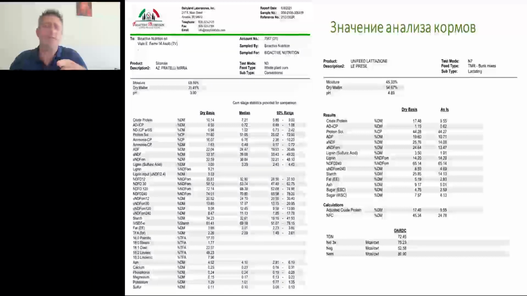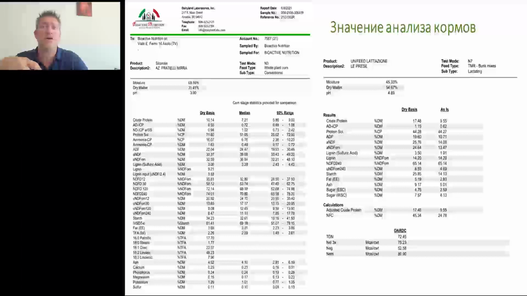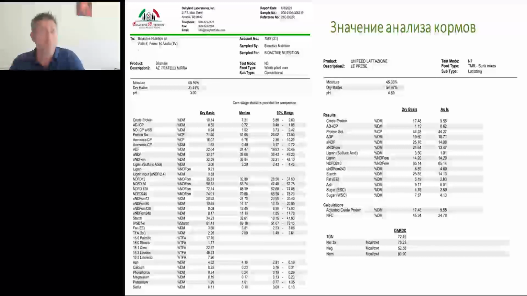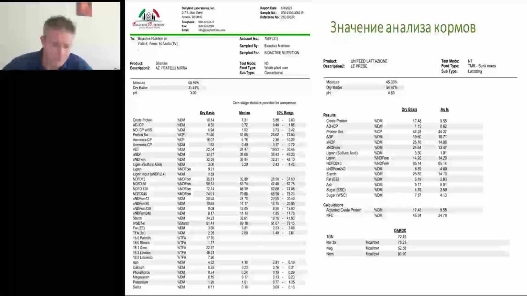After 7 or 9 months, like today, because we are in June and we made the silage at the end of August, after 9 months the digestibility of this starch is much higher. So I have a higher production of milk only because I have a higher digestibility.